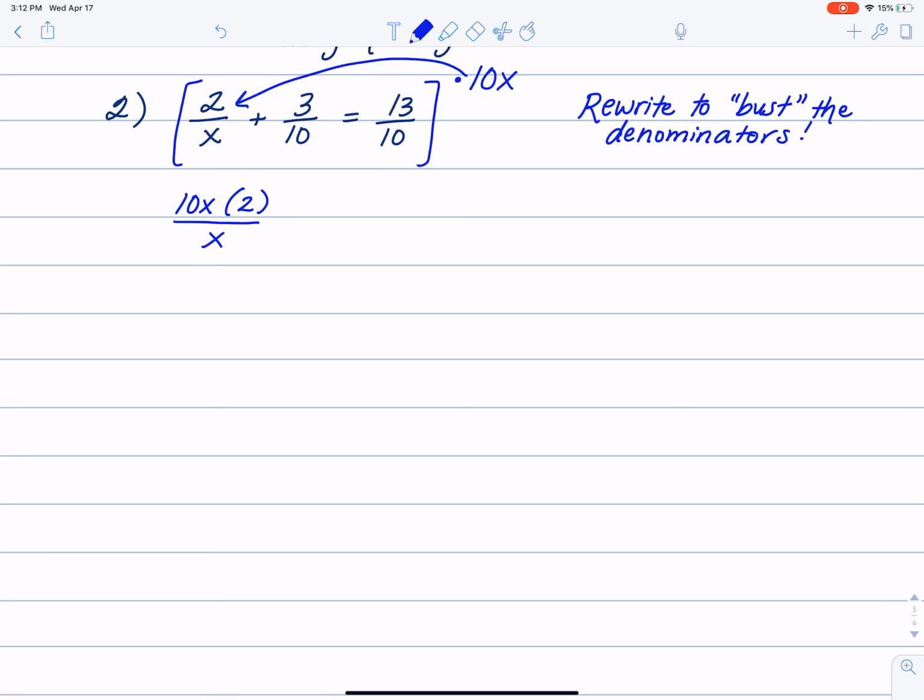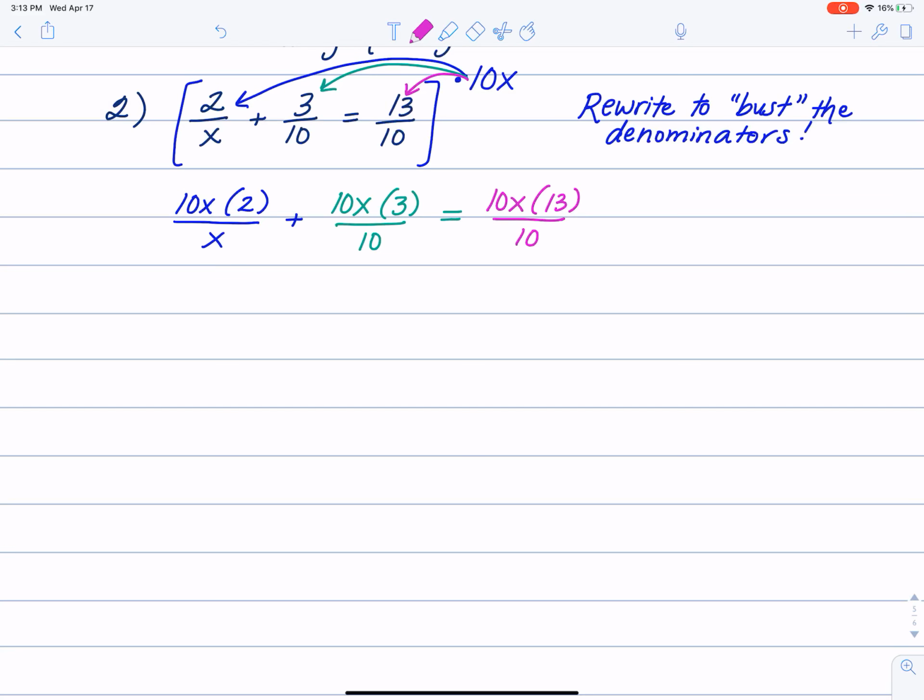So I'm going to do 10x times 2, plus, change colors for the next multiplying, plus 10x times 3 over 10, equal to, for this third one, 10x times 13 all over 10.